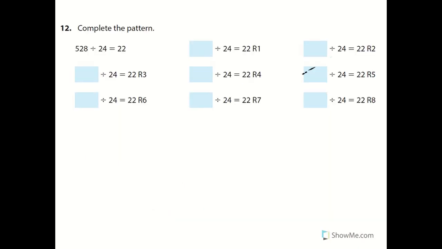All right. Number 12 wants us to complete the pattern, and let me tell you, it's a lot easier than you think. Right? Because look, 22 times 24 is 528, right? So 22 times 24, 528. We got a remainder 3. What are we adding? 3 to it.